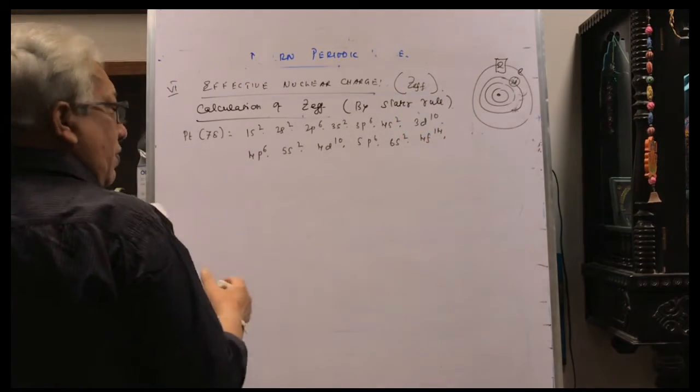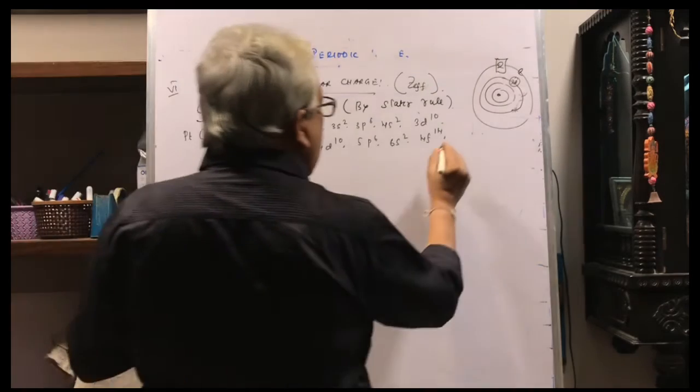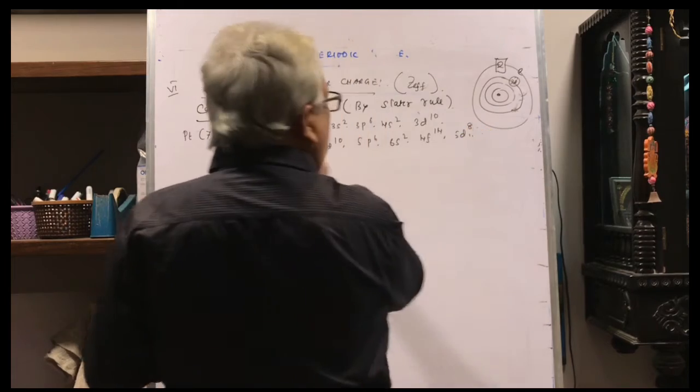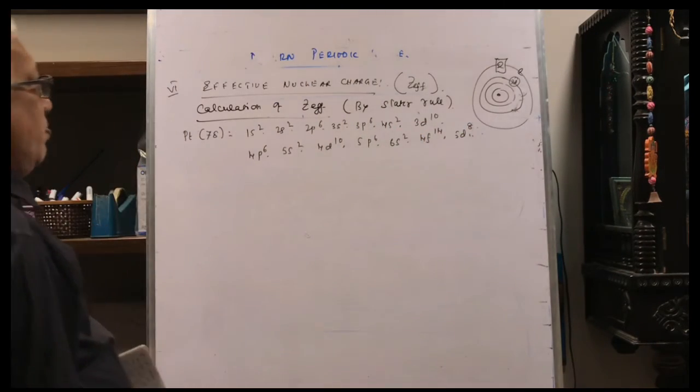Just check in your notes if I have given this. And then 5d8. This is the electronic configuration of platinum.